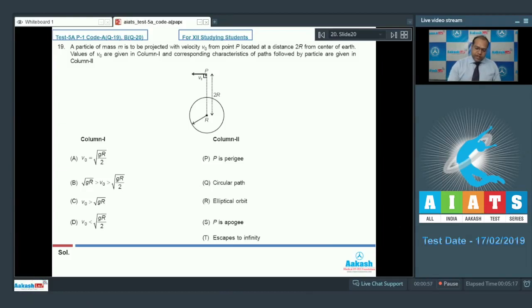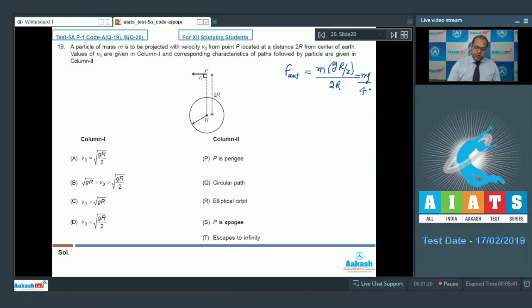So if I calculate the required centripetal force at this moment, it is equal to m v0 square, that is gR by 2, divided by r. So r is 2R from the center of earth. So it comes out to be mg by 4.